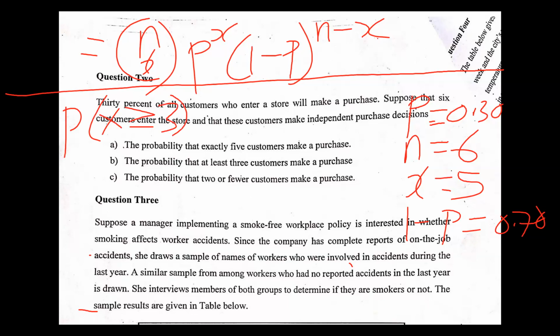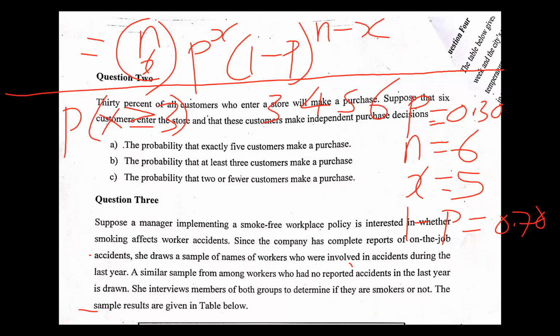Yes. So we are looking for the values where x is equal to 3, 4, 5, and 6, since there are 6 altogether. We are also including 3 because this is greater or equal to.